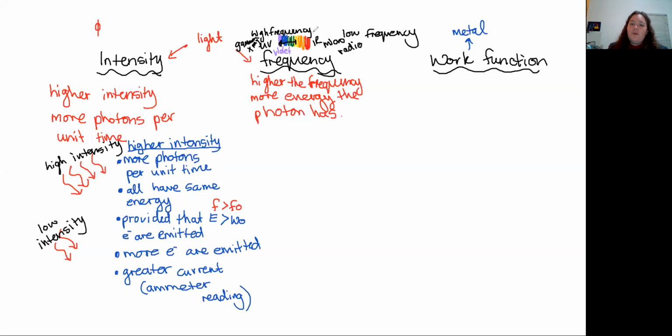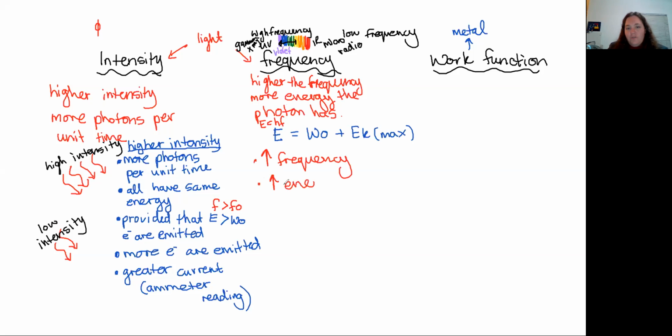So if we look at the equation, E is equal to W naught plus EK maximum. The idea here is if we increase the frequency, since E is equal to hf, increasing the frequency will cause an increase in the energy of the photon.